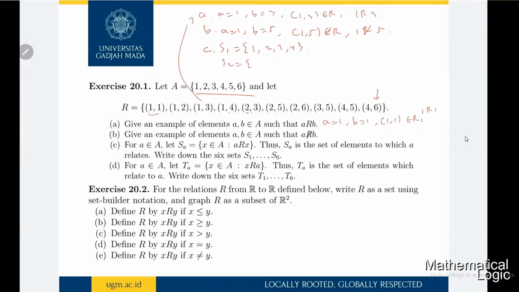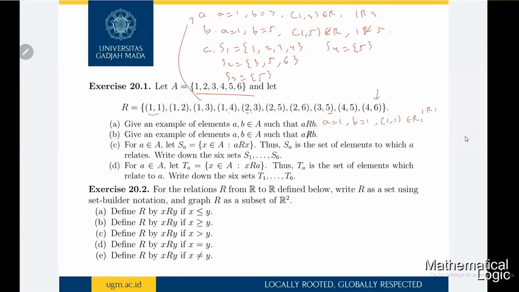So S2 will contain 3 and then 5 and 6. Okay, should be okay. And then how about S3? So 3 is related to what? We have 5, only 5, singleton 5.